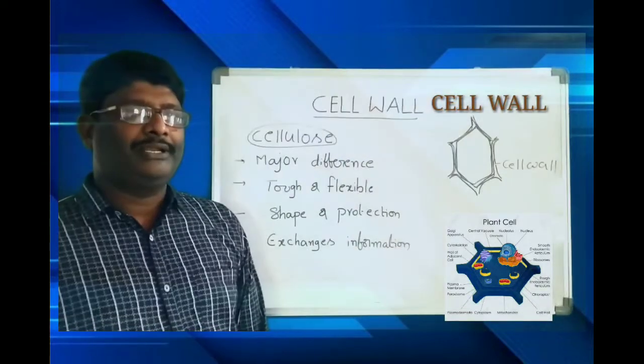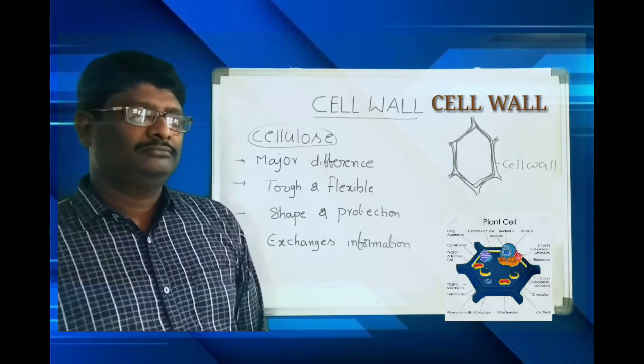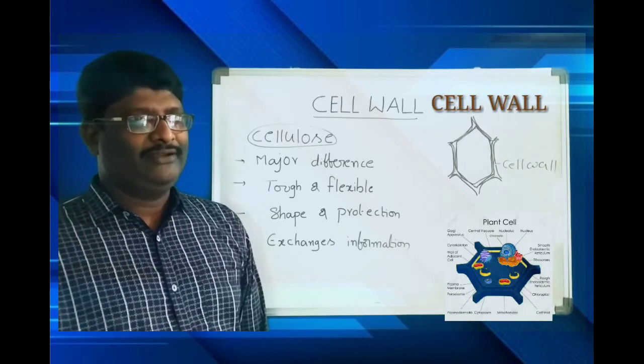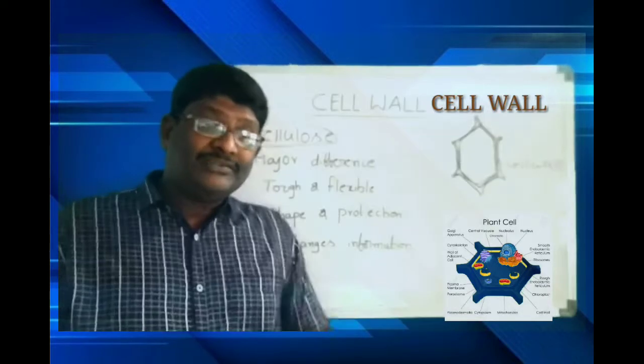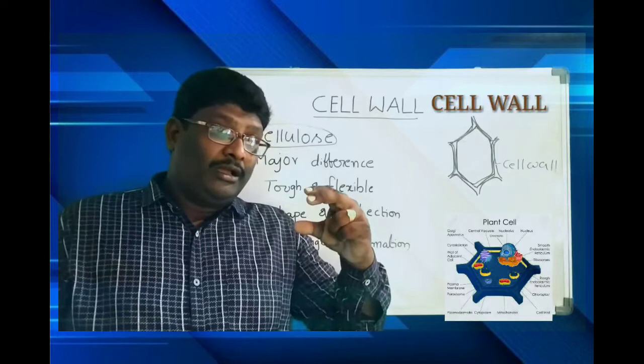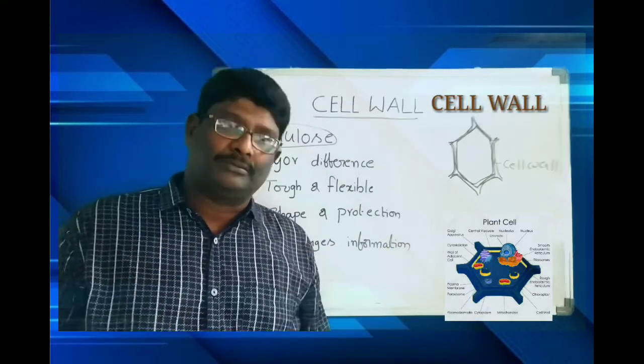Do you know how we get paper? Immediately you are saying from the paper mill. Is it right? Don't say like that. Actually, so much pulp they are using for making paper.